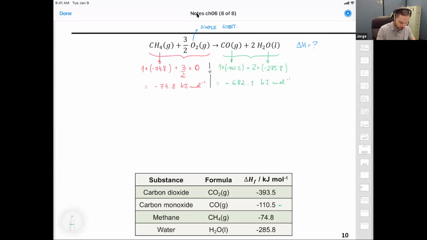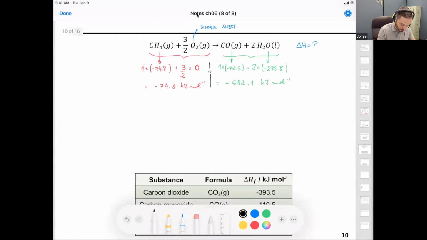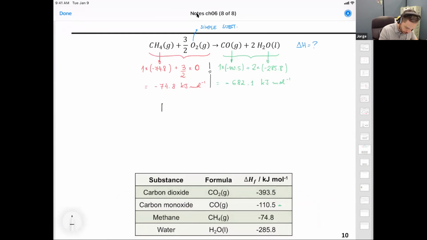With that, now we can build the energy diagram for this reaction. We are starting here at minus 74.8. The reagents are methane and 3/2 of oxygen. And see here that the energy level of the products is lower than the energy level of the reagents.